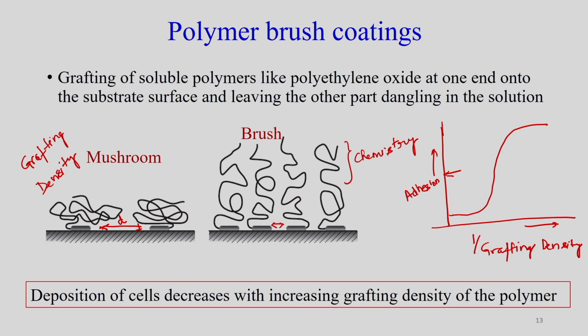So, let us say if this was the point, the surface excess in the absence of grafting. When we grafted more, here we have minimized. 1 upon grafting density being low means here we are having the maximum grafting. In that case, the adhesion is minimized, but at the same time, if you go further in this region, this adhesion is higher than that without grafting.